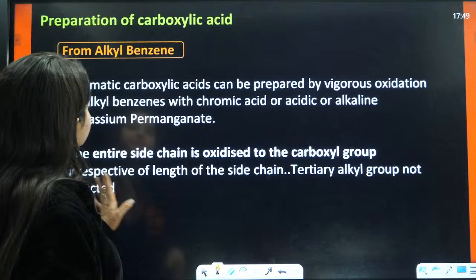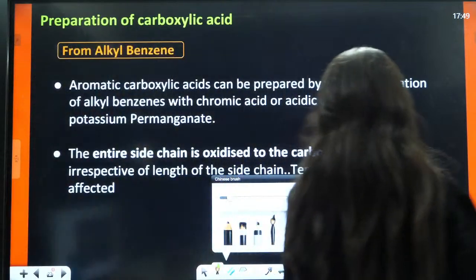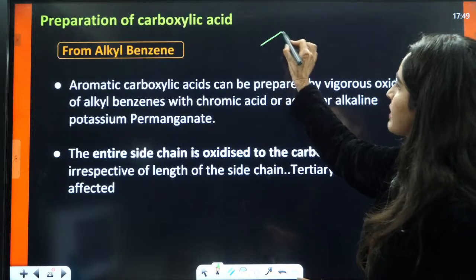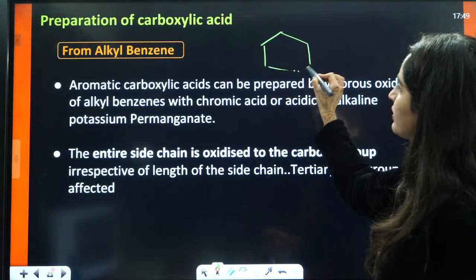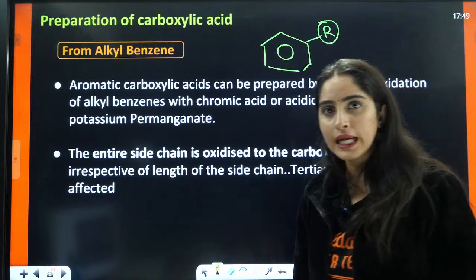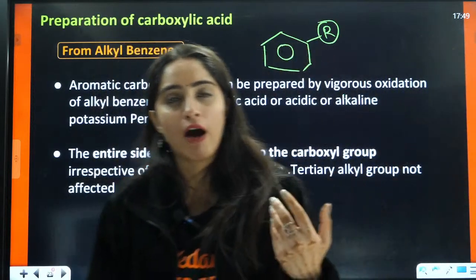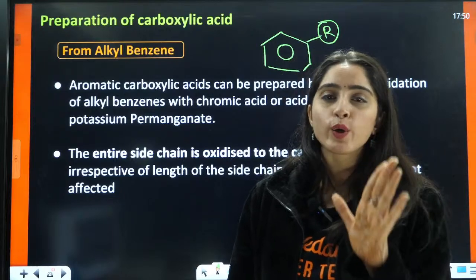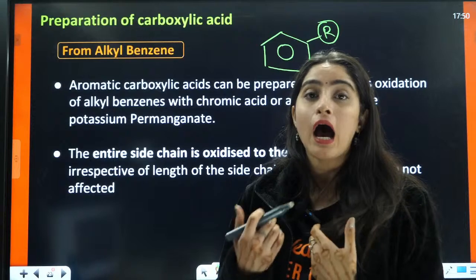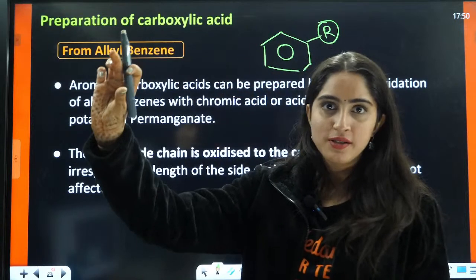Next is from alkylbenzene. Now this is a very, very important reaction. Why? Because alkylbenzene means on this benzene ring you have an alkyl chain, right? Now I am going to tell you a very interesting reaction that is used and asked in chain reactions as well.